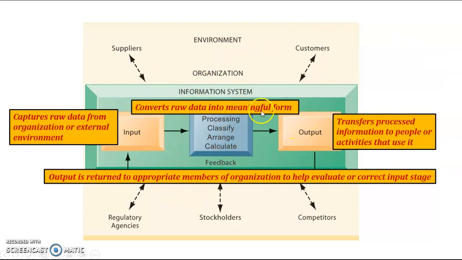Outside of the information system, it must be supported by the environment: the organization, the suppliers, the customers, of course the competitors, the stockholders, and the regulatory agencies. And of course, once you apply the information system in the organization, you must have feedback. Whatever output you have is returned to appropriate members of the organization to help evaluate or correct the input stage. So you must have feedback.